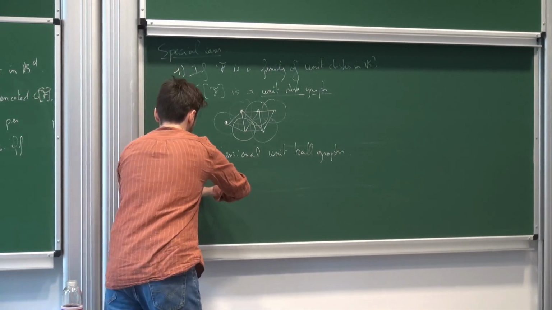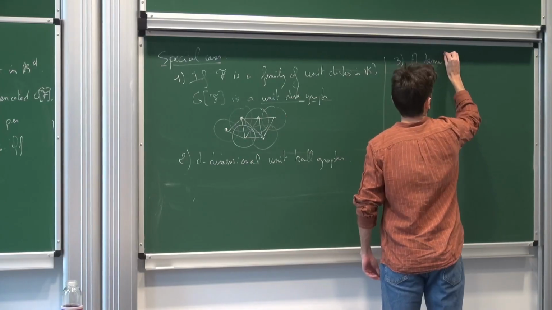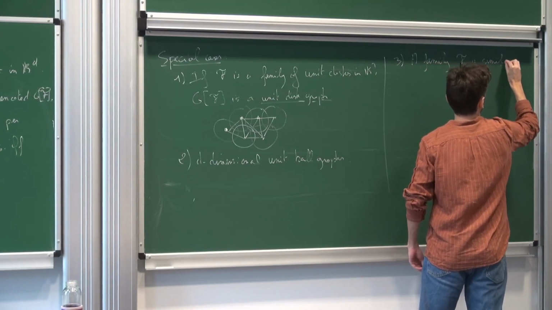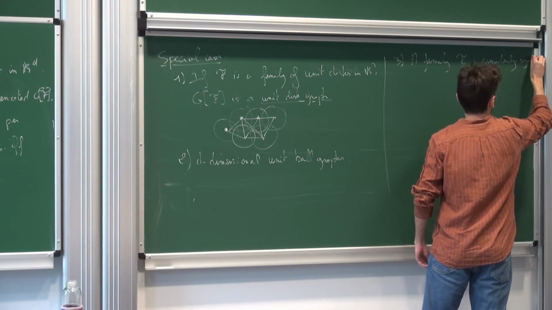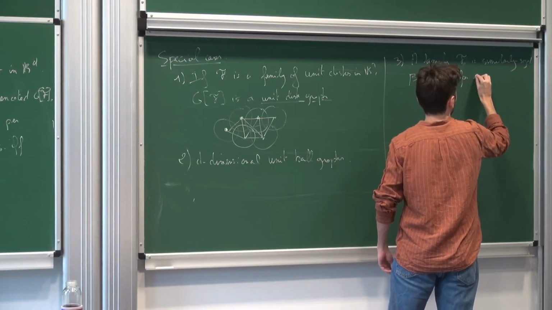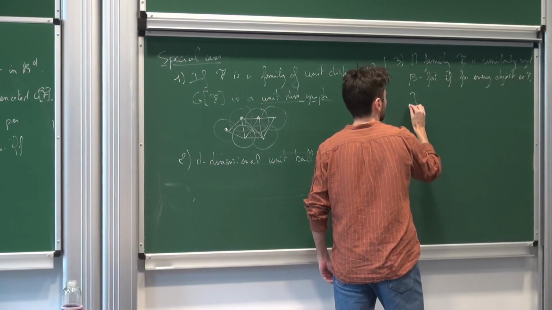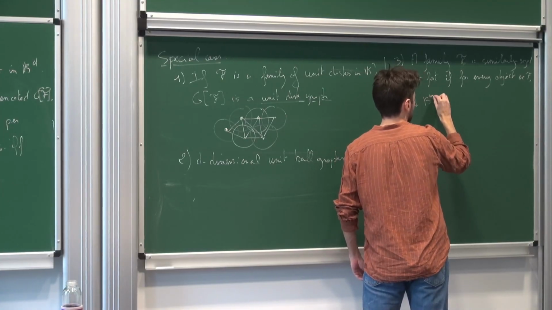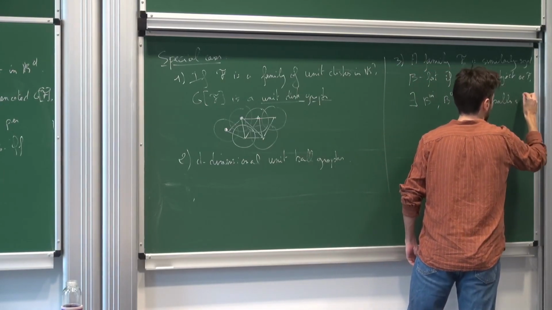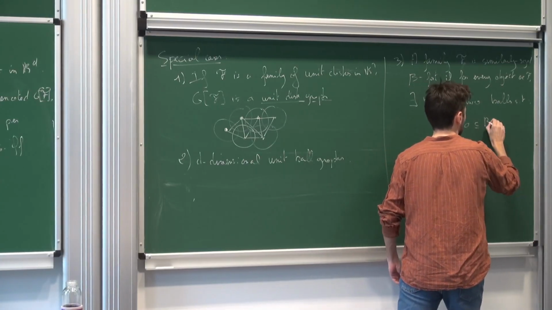So we say that a family F is similarly sized beta-fat if for every object O in F we have two balls, B_in and B_out, such that B_in is contained in O, which is contained in B_out.